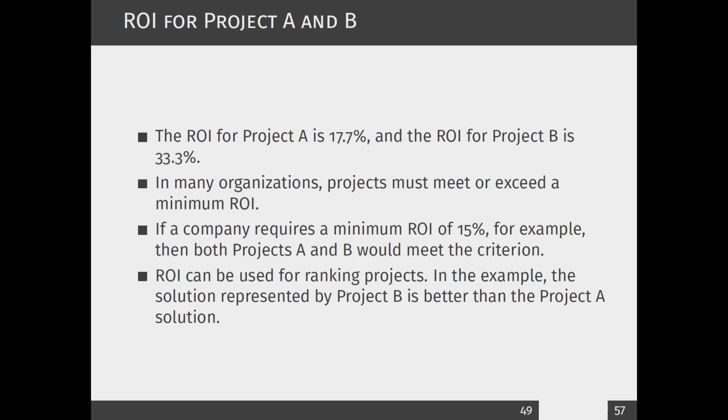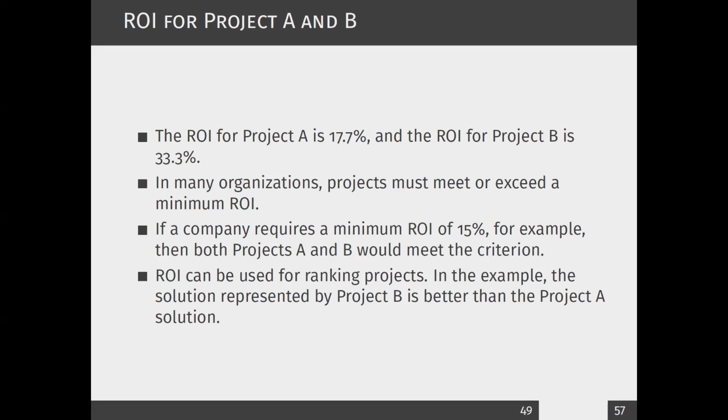Then look at project B. It's about 33.3, again more than the minimum ROI. So according to the minimum ROI, we can say both project A and project B meet the criteria. But if you want, we can rank the projects.